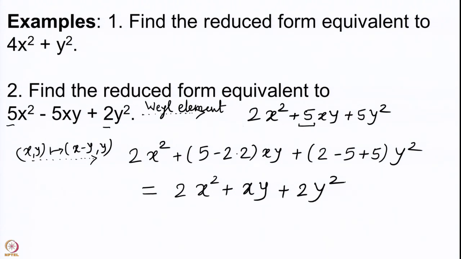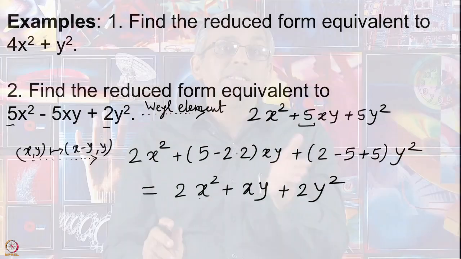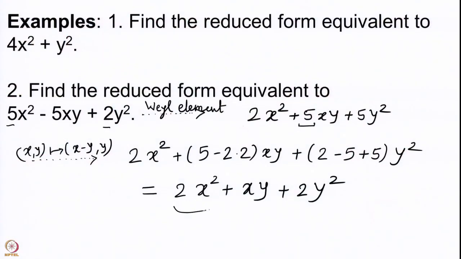So, we have that the coefficient a of x square is 2, the coefficient of y square is 2 and the coefficient of xy, which is 1, is bigger than 0 and is less than a. So, this is now a reduced form.